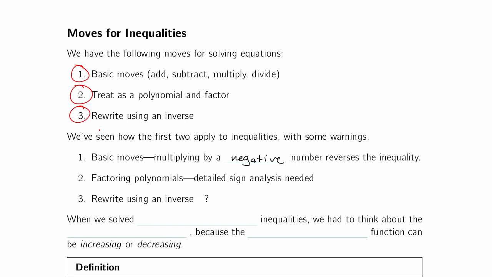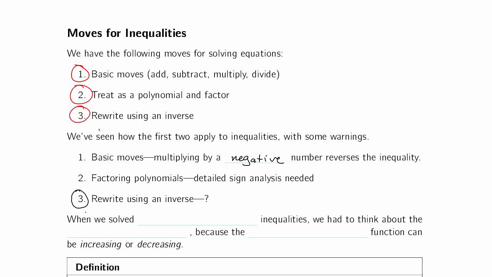When we factored polynomials, we went through that whole detailed sign analysis on the number line. We haven't talked at all about what happens when we rewrite our inequality using some sort of an inverse. We've done it, but we haven't really talked about it.